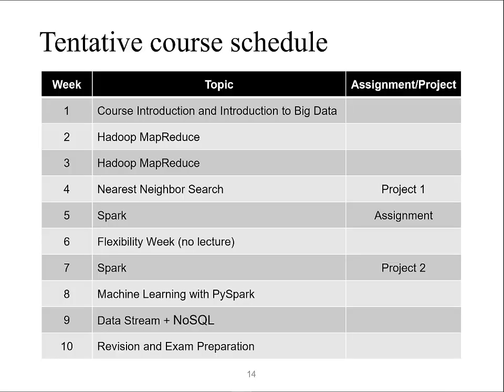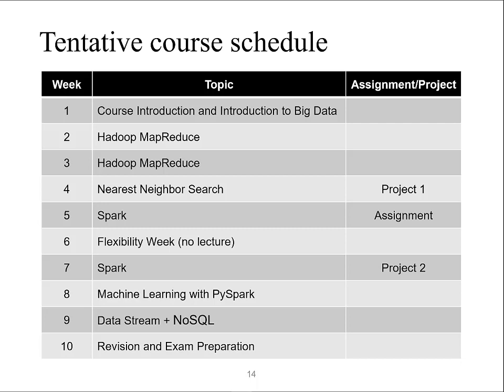Well, here is the tentative course schedule. We will have 10 weeks with the 6th week named Flexibility Week. The university asked me to not give any lecture in week 6.